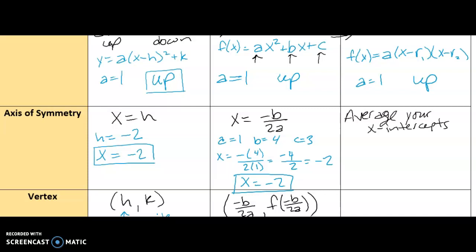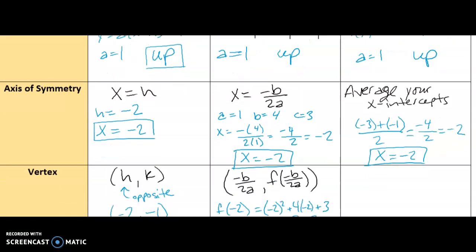Okay, and we know our x-intercepts were -3 and -1. So to average, I just add them together, we only had 2, -3 and -1, and divide by how many there are, which is 2. That would then give us -3 plus -1 is -4 over 2, which would give us -2. Always write your axis of symmetry as an equation, and we're done.